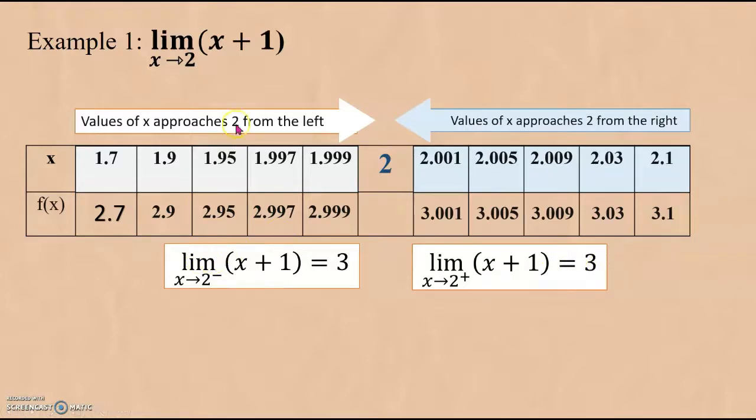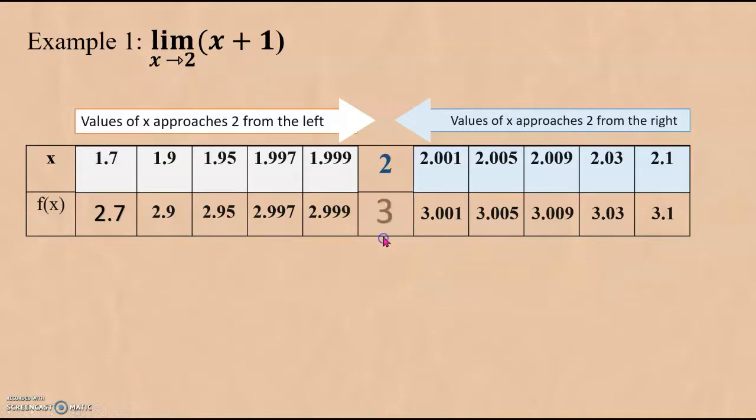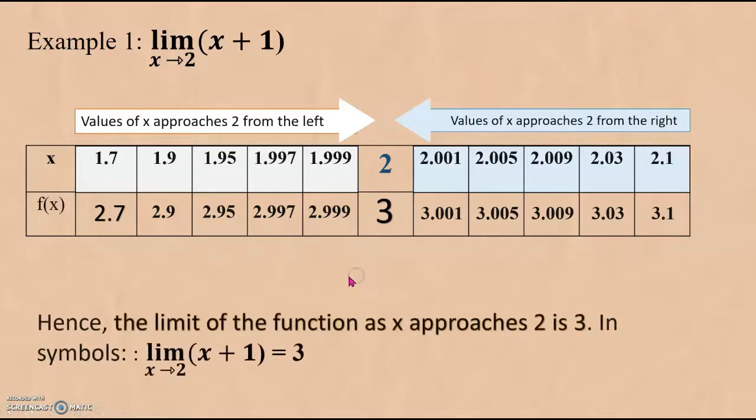Meaning to say, the limit of x plus 1 as x approaches 2 is equal to 3. Hence, the limit of the function as x approaches 2 is 3. In symbols, we write it as the limit of x plus 1 as x approaches 2 is equal to 3.